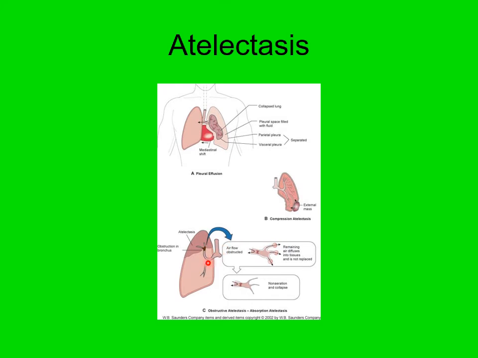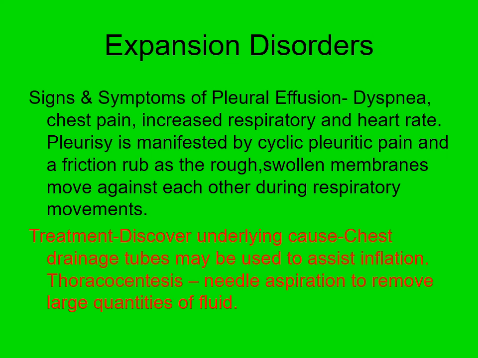And this is looking at atelectasis from an obstruction, and so it's a partial lung collapse. And this is showing you the airflow being obstructed, and the air just kind of escapes into the tissues and is not replaced. And so from non-aeration, that tissue collapses.